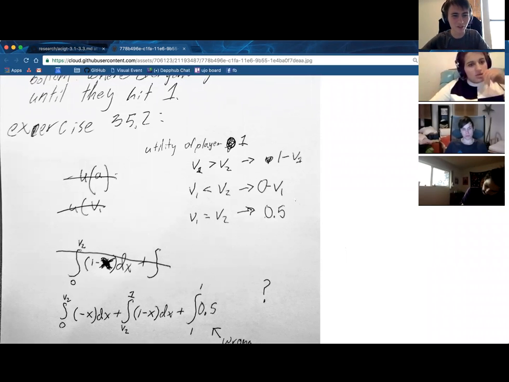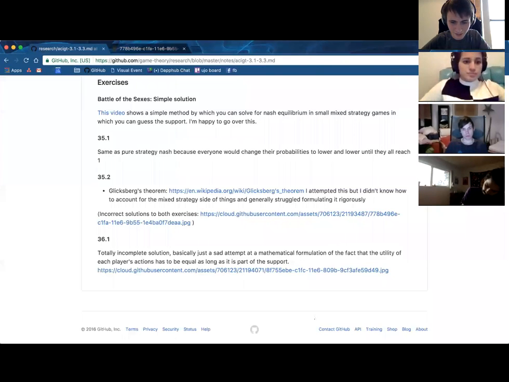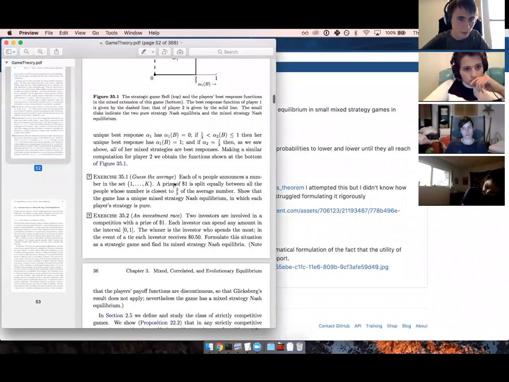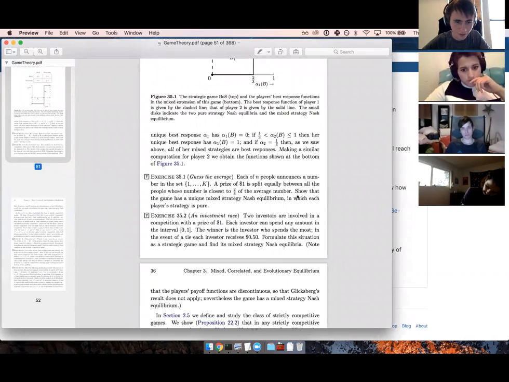So actually, let's go over the problem first. Do I need to do a new share? Let me just share my desktop. Okay, 35.1. Can everyone see 35.1? Yes. Very good. So each of n people announces a number in the set 1 through k.